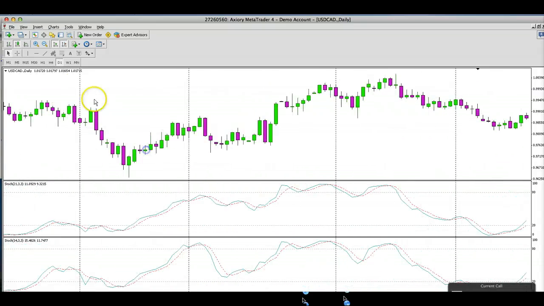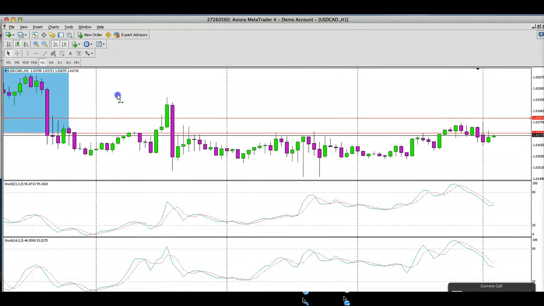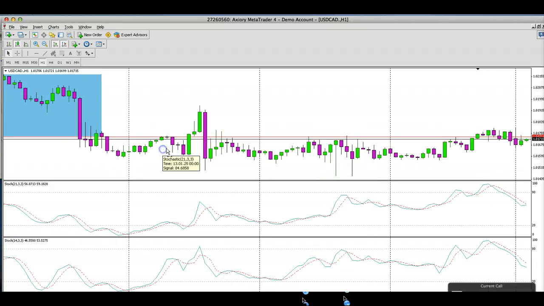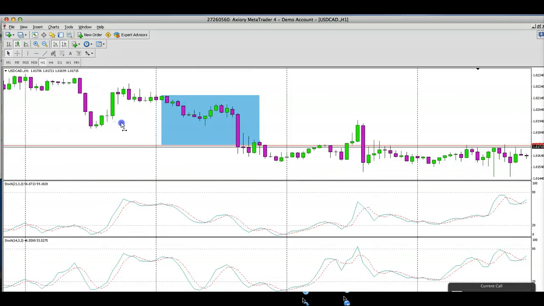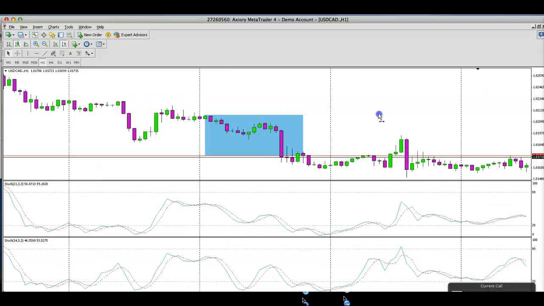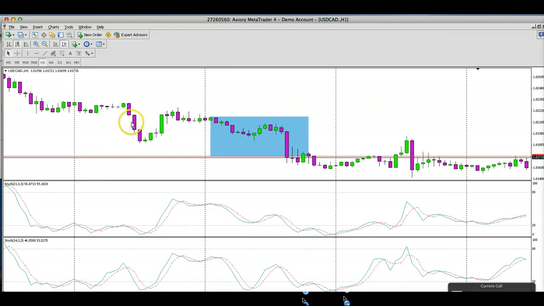Okay, let's go back. We're going to go to the 1 hour chart so we can do more. Okay, here we go. Notice there's a rundown. Now this is more scalping. We've gotten away from the daily chart where we're looking at directional bias and taking trades in the direction of the daily chart.